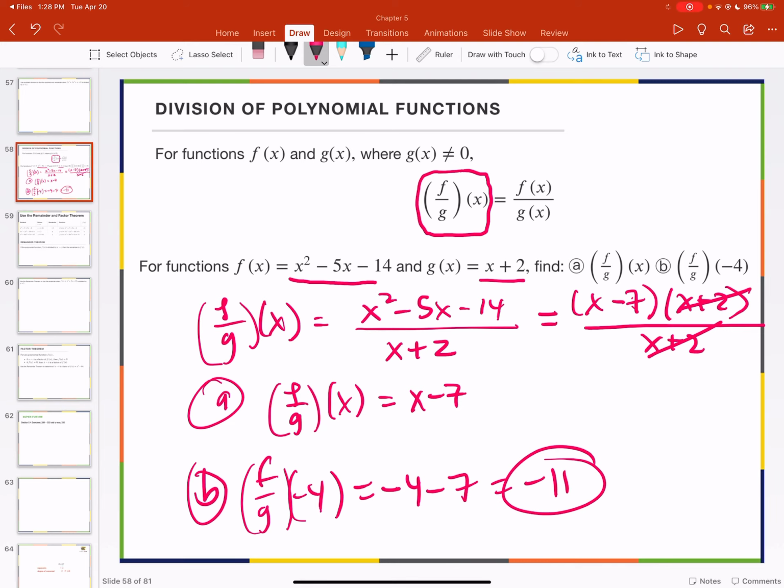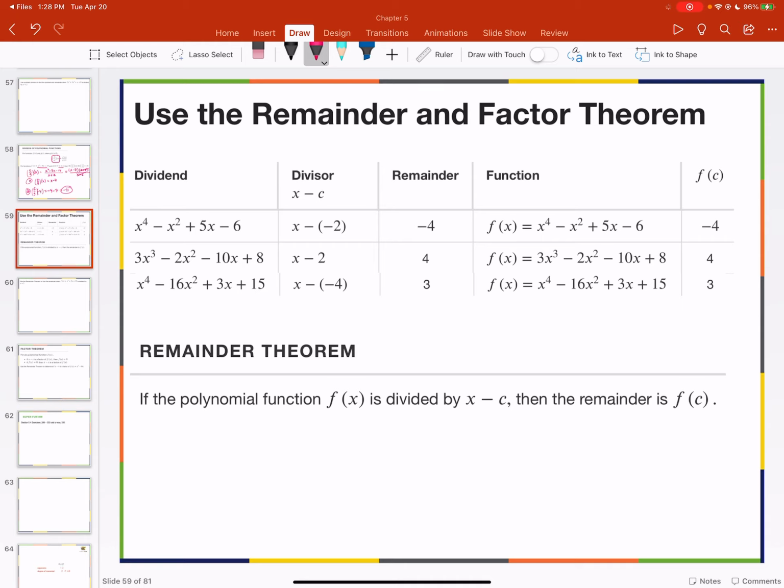All right. Remainder and factor theorem. Notice the following. If I divide x to the 4th minus x squared plus 5x minus 6 by x plus 2, my remainder is negative 4. If I plug in negative 2, my solution is negative 4. Now look at the next one here.